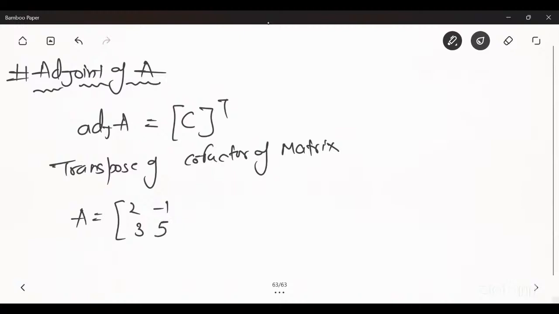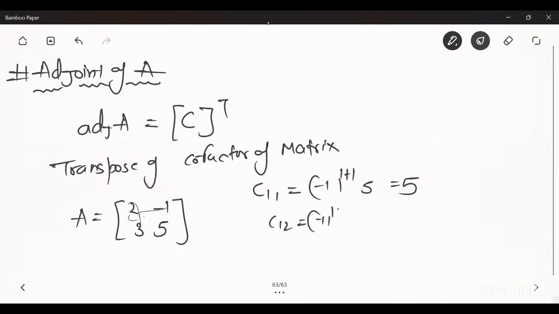you can take any value, 5. So here, what is the value of C11? C11 means that one. So minus 1 to the power 1 plus 1, and then you have to skip that row and that column. You will get the value 5. So you will get 5. C12 means minus 1 to the power 1 plus 2. 1 plus 2 is odd.